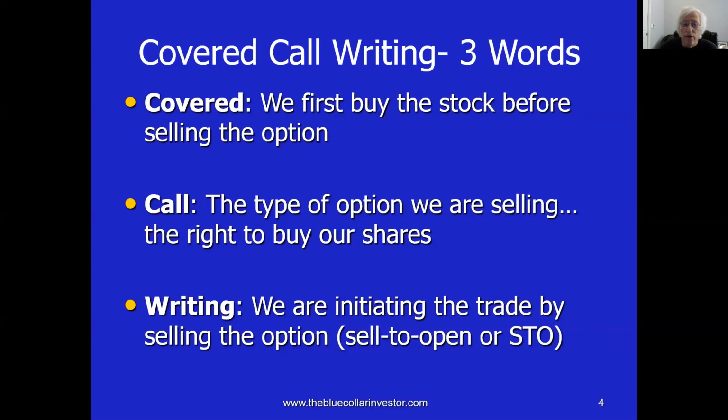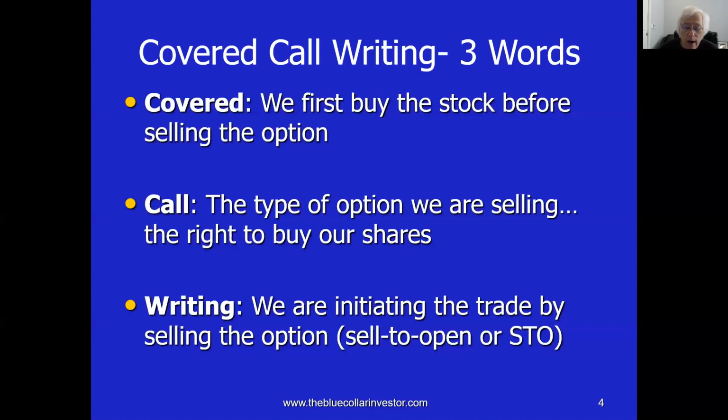The second word in the phrase is call, and that's the type of option we are selling. We are selling some unknown person the right to buy our shares from us at a price that we determine, which is known as the strike price, by a date that we determine, which is known as the expiration date. In return for undertaking this obligation, we are paid a cash premium.